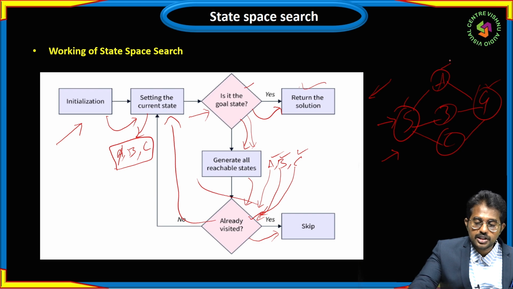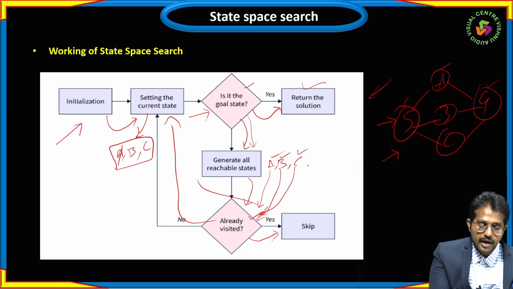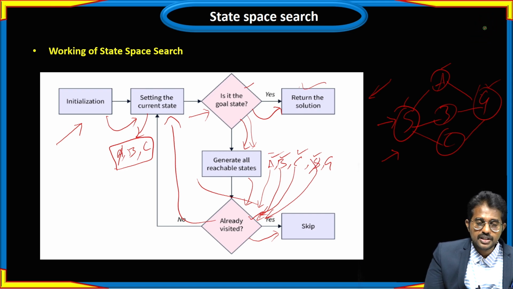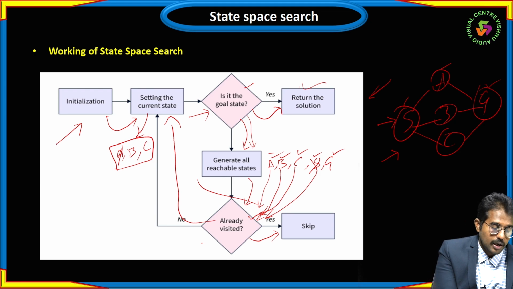For A, the reachable states are S and G. Again S and G are checked. S is visited, so we skip S. Next G: is it visited? G is not visited, so G will be added to the current state queue.